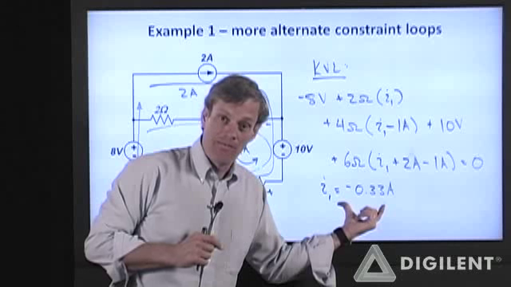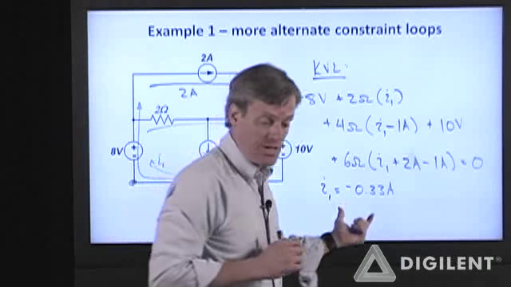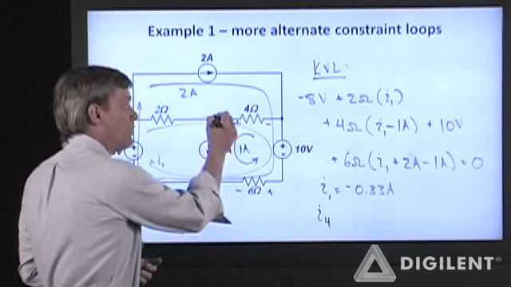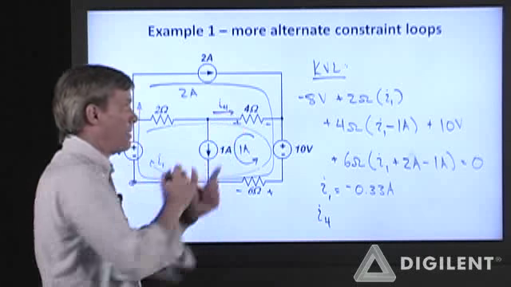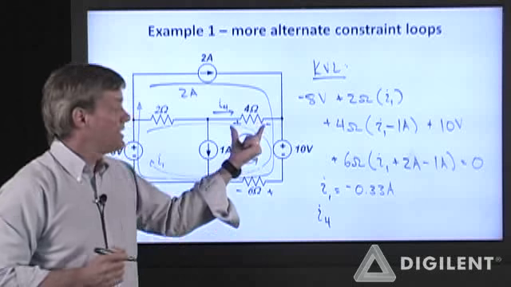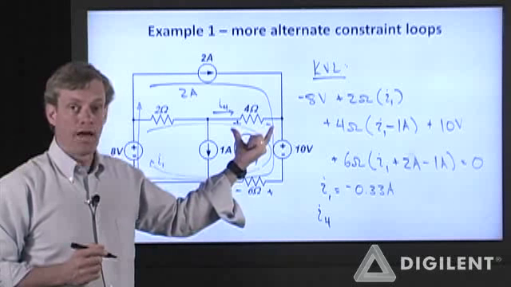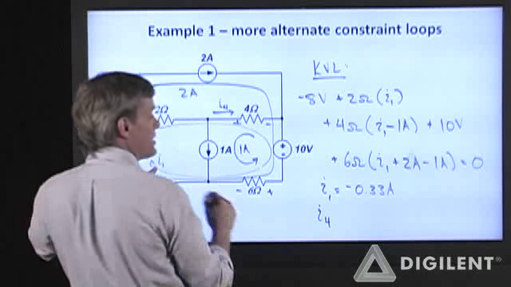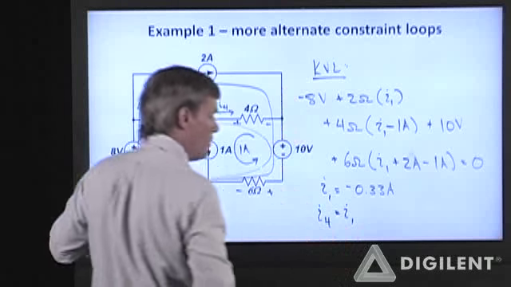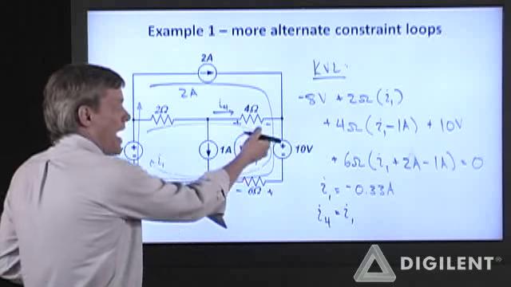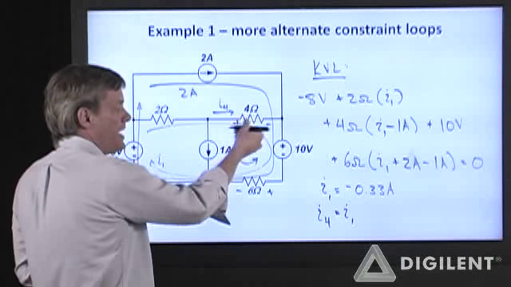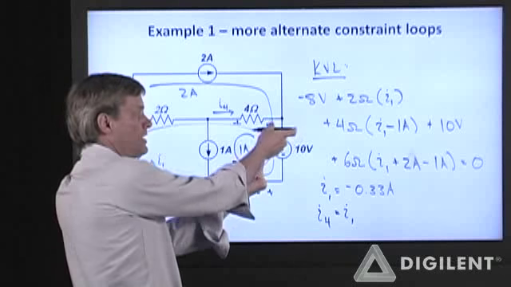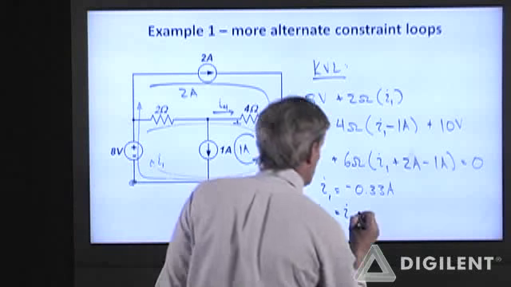However, this is not a physical current anywhere in the circuit. In order to find an actual physical current like I4, remember it is positive in this direction, I need to sum up all the individual contributions. So I4 is the same direction as I1, so it is I1, and it also has a negative contribution from this 1 amp constrained current because it is actually going right to left in this element.